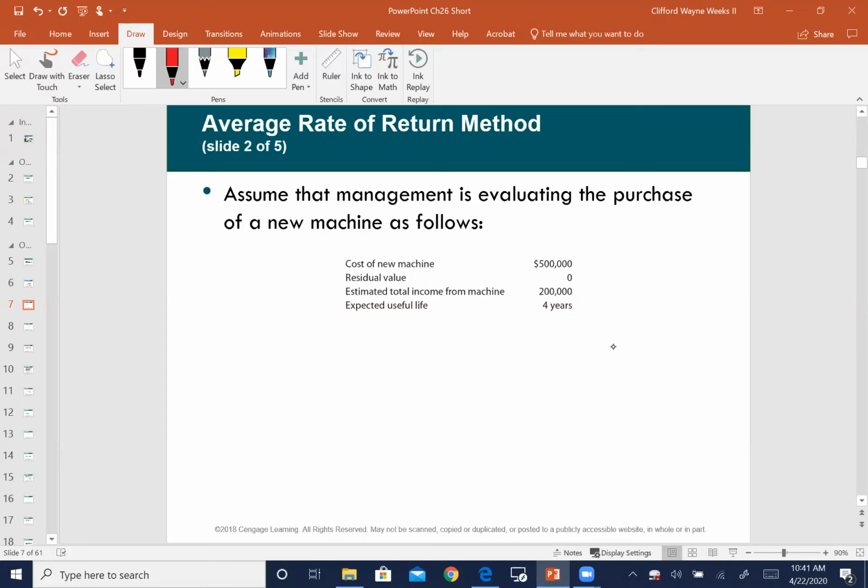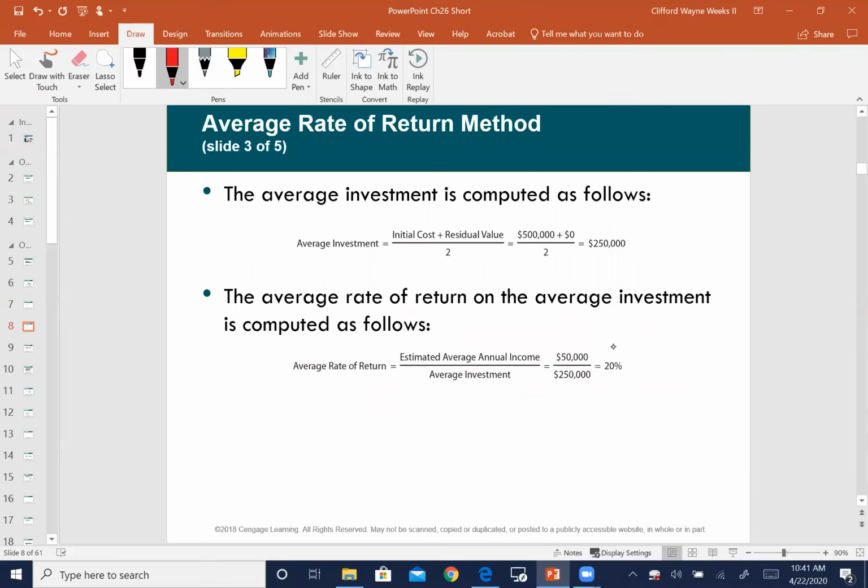We have some information here. We have the cost of the new machine, a 0 residual value, and the estimated total income from the machine, and it's 4 years. What we're going to do first is calculate the average investment. We took the 500,000 it cost us plus the residual, and there was no residual in this case. We add those two together, divide by 2, and come up with 250.